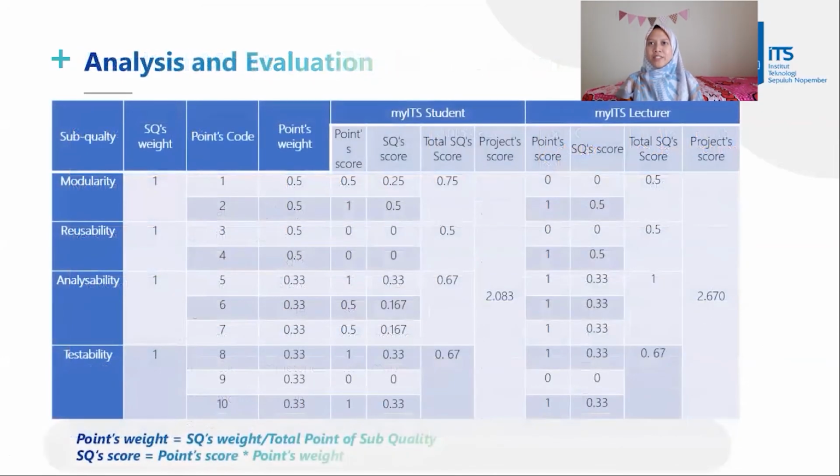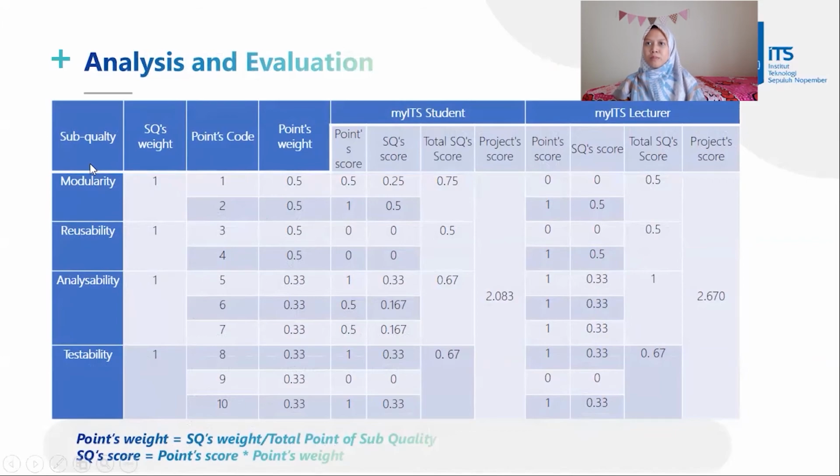To analyze and evaluate the measurement results, we use key performance indicator weighting as follows. Its quality has a weight of 1. So every point of sub-quality has a weight equal to the sub-quality's weight divided by the total points of sub-quality.